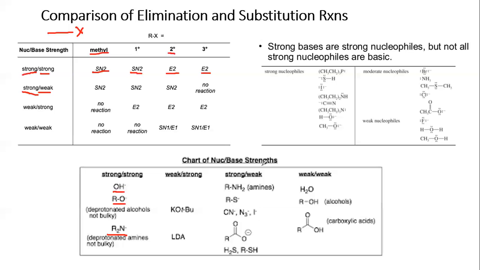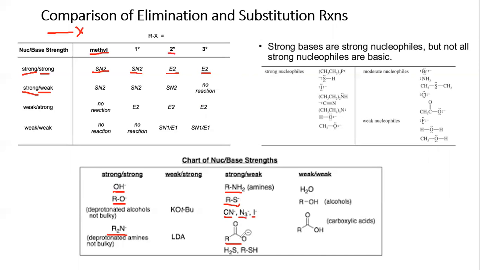These are things like amines, thiols, or the deprotonated version of a thiol, cyanide, azide, iodide, acetate, or acetate-like carboxylates.